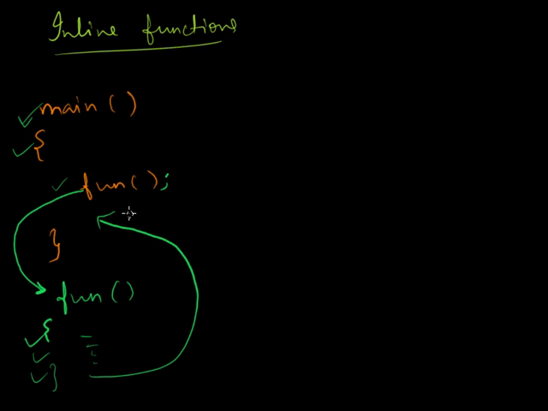So when it sees the function call, it saves the return address. It goes to that function, executes, completes that function, and comes back to the return address. Now this is by default. Normally this happens, and this involves actually jumping of control, right?